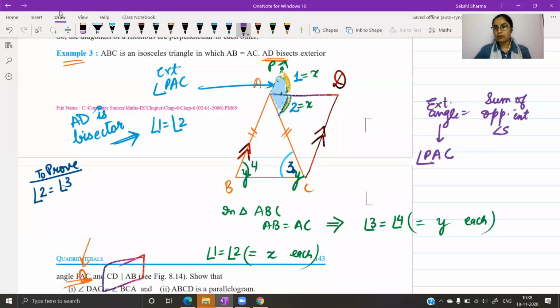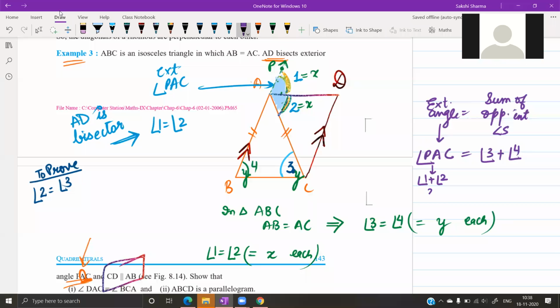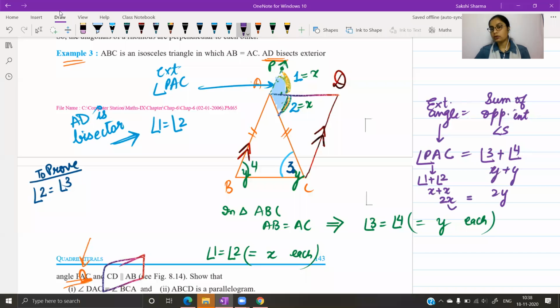The name is given, and the interior opposite angles are 3 and 4. Just use their values now. Angle PAC is the whole outer angle. What's the measure? 1 plus 2, that is x plus x, 2x. And what about the right hand side? 2y. So what do you conclude from here?